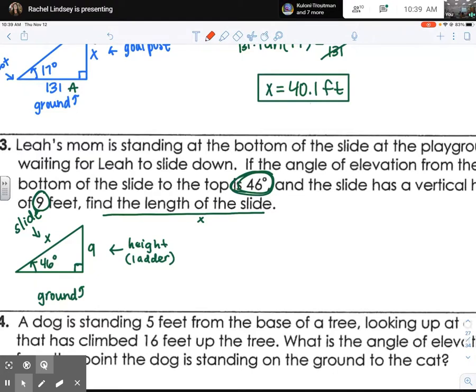So now, looking at our angle 46, 9, is that opposite, adjacent, or hypotenuse? Opposite. And then x, adjacent or hypotenuse? Hypotenuse. So I have O and H. What am I going to use? Sine. So I have sine of angle 46 equals opposite 9 over hypotenuse x.